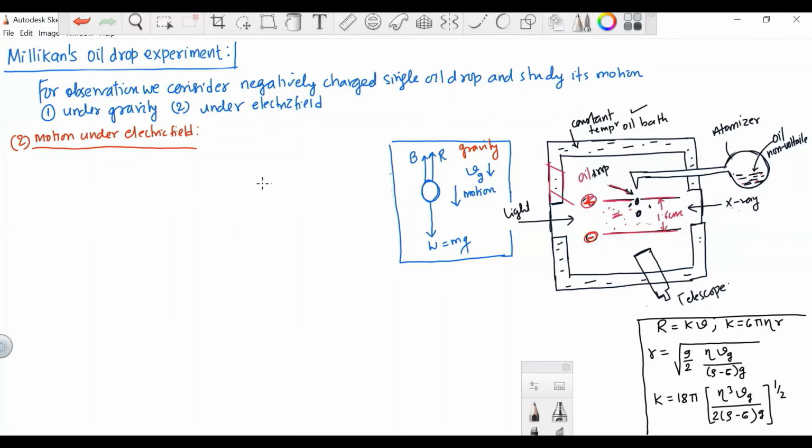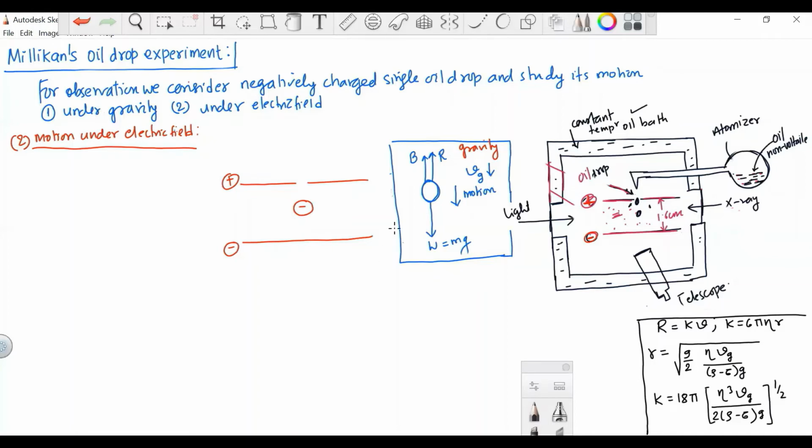So I'm drawing over here. Upper plate is positively charged and lower plate is negatively charged, and we have a negatively charged oil drop. So we are going to study the motion of a negatively charged oil drop in the presence of electric field. So this is to be noted.